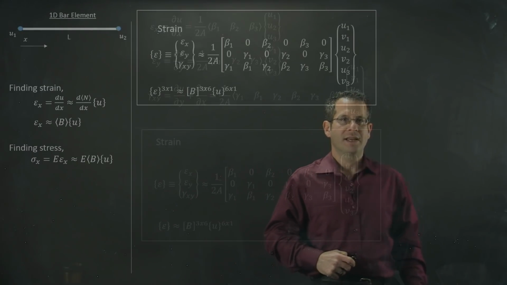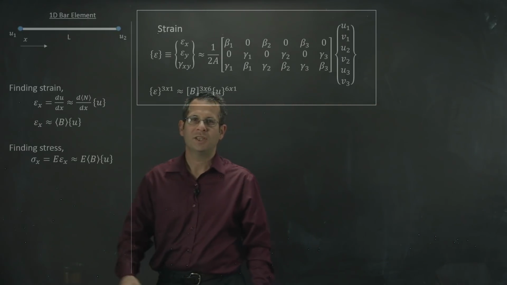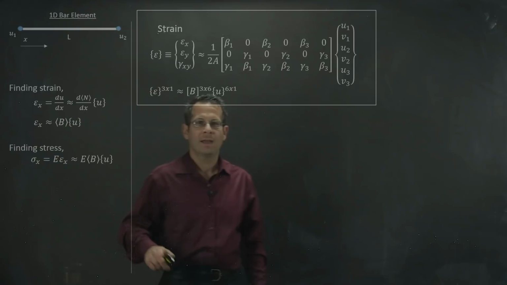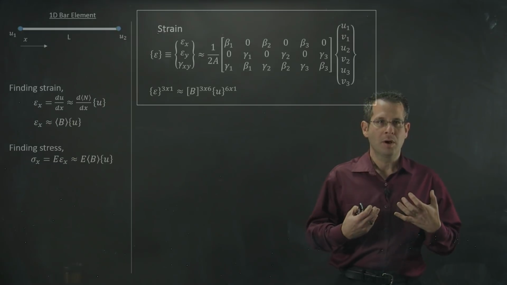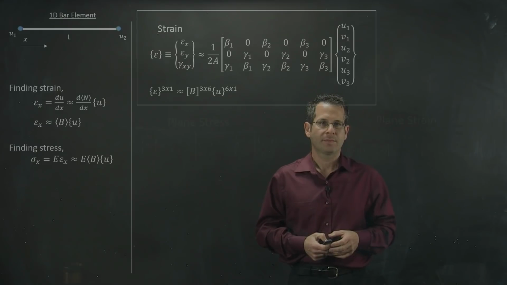Let's see if I can find a relationship for stress. In one dimension, stress was just Young's modulus times strain. Young's modulus is just a material property of the material that the element is made out of.